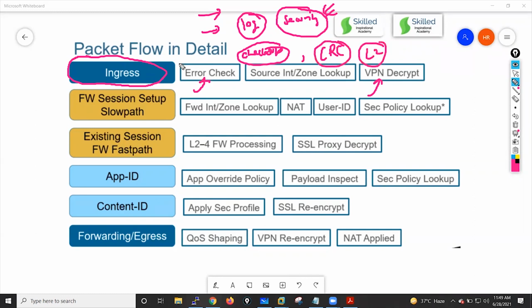Sometime maybe our client is sending some packets, and when these packets are received by the firewall, maybe they are fragmented packets, right? So in that case, if some fragment is lost in the path, your firewall drops the packet at this particular point of time.